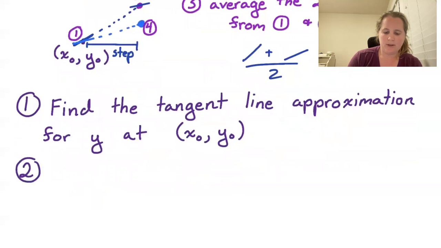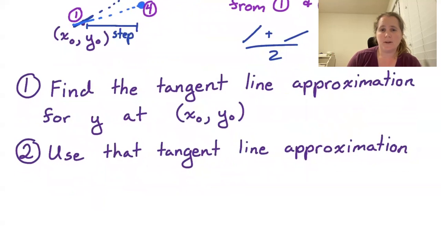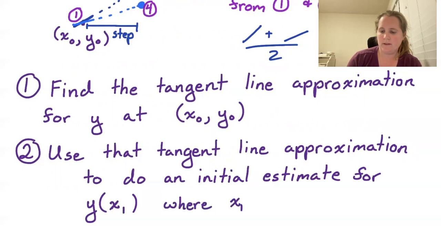Then we will use that tangent line approximation to do an initial estimate for y of x1, where x1 is the initial x value plus the step.